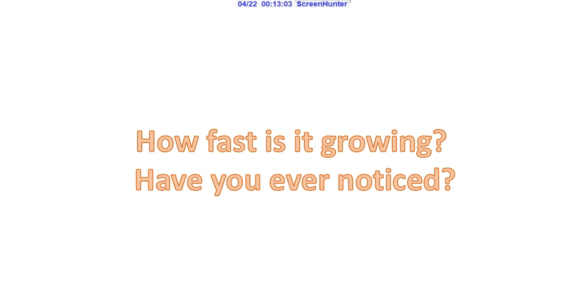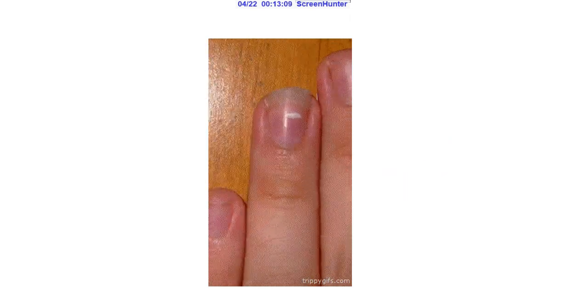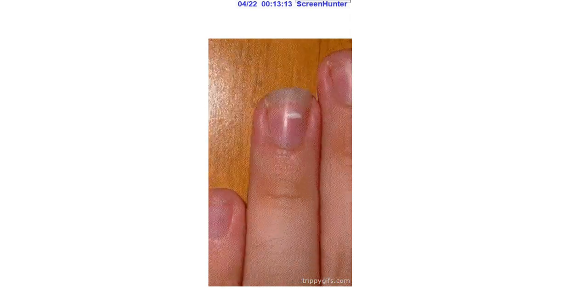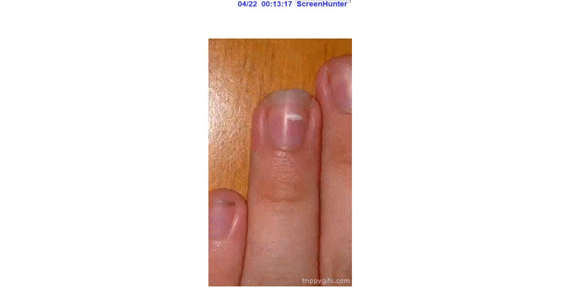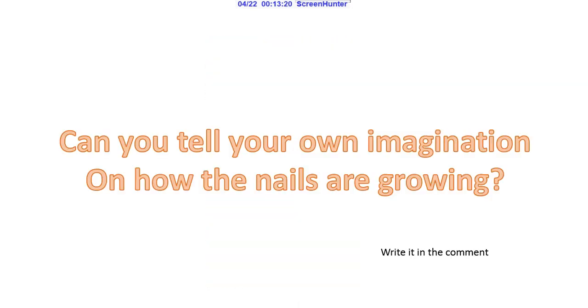Have you ever noticed? Can you see the nails growing? So, can you tell your own imagination on how the nails are growing? All this while, how do you think your nails are growing?